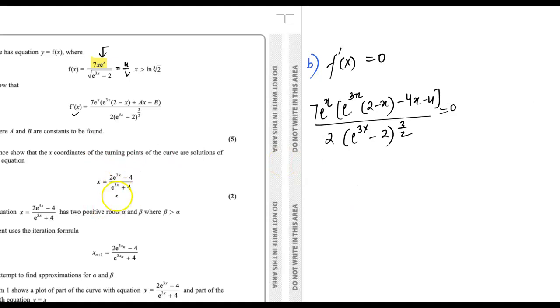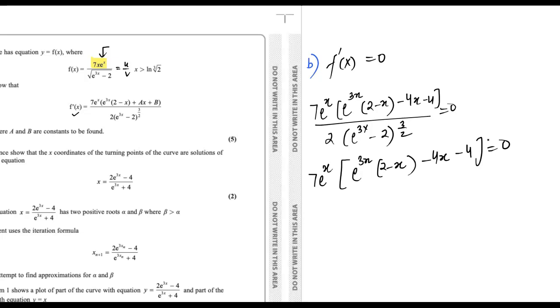Okay, and we have to prove this. Making x the subject, we get 7 e to the power x e to the power 3x 2 minus x minus 4x minus 4 equal to 0. So do you feel like my x looks like n? I'm just trying to make it better.